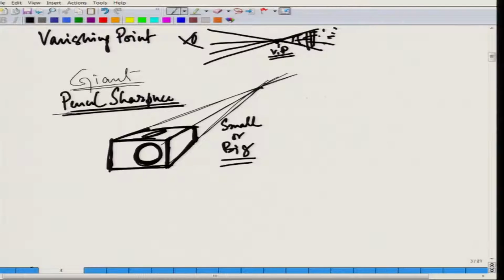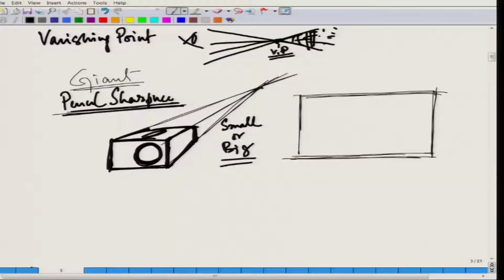So, if our paper size is this big and we try to place the vanishing point within the paper, unlike here, if we take another example and we feel that the paper was this big and the vanishing point was placed somewhere far off, much outside the paper, the scale will come down.